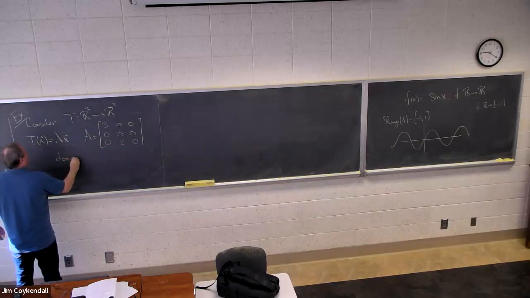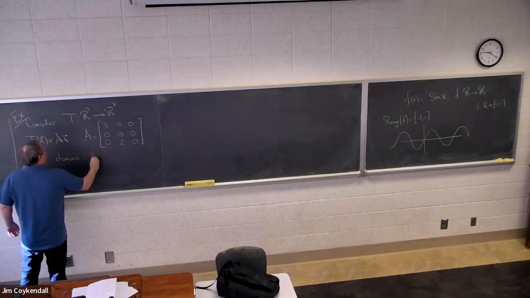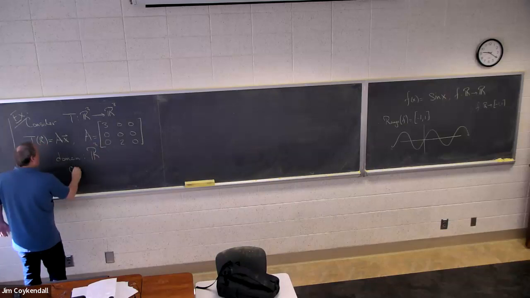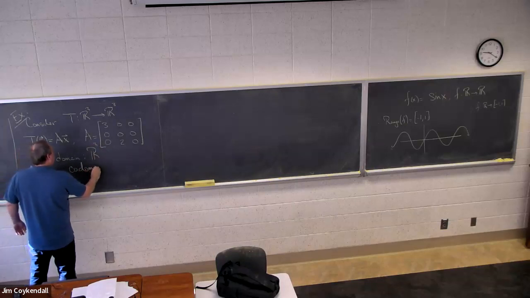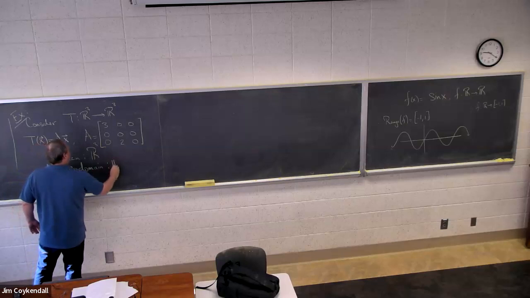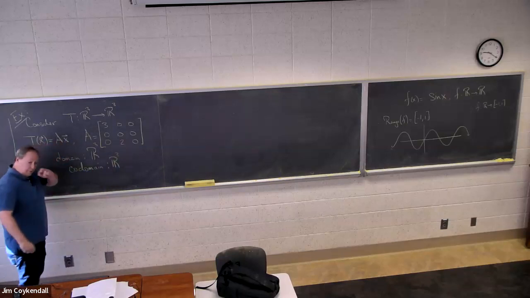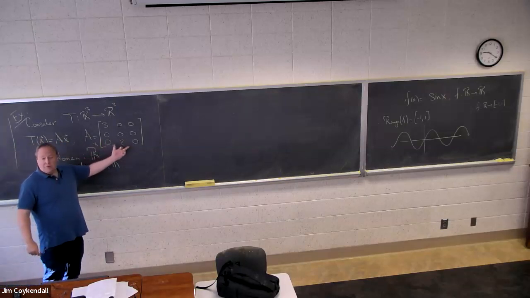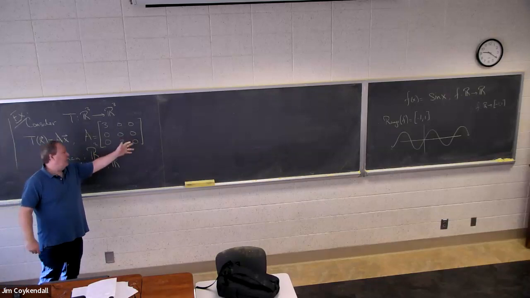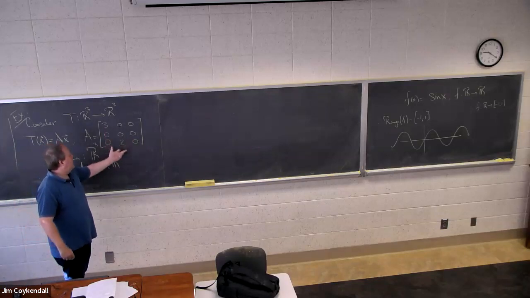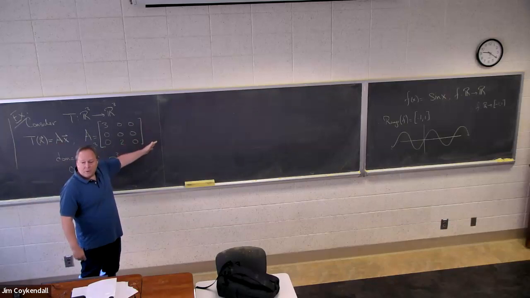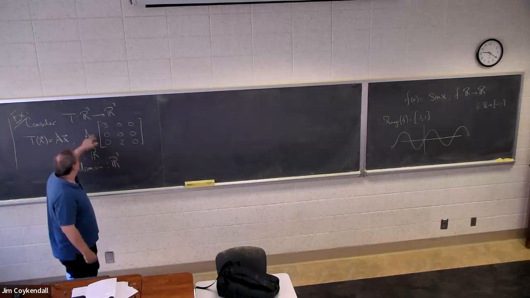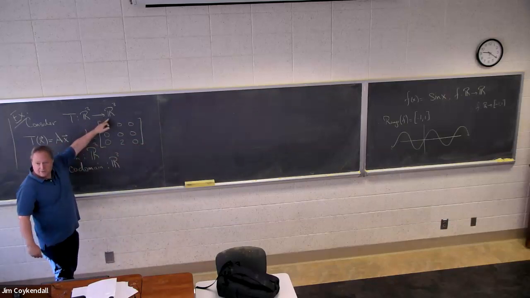The domain here is R^3, and the codomain is also R^3. So I input a 3x1 vector. This is a 3x3 matrix. I put in a 3x1 vector, and I get a 3x1 vector. Right, so it's going to R^3. Everybody okay with it?